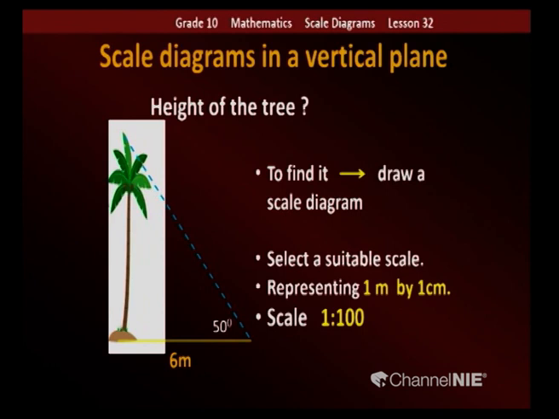Remember, here I have ignored the height of the person. Ignoring the height of the person, I draw the scale diagram. Shall we? Okay. Before drawing the scale diagram, what I have to do?